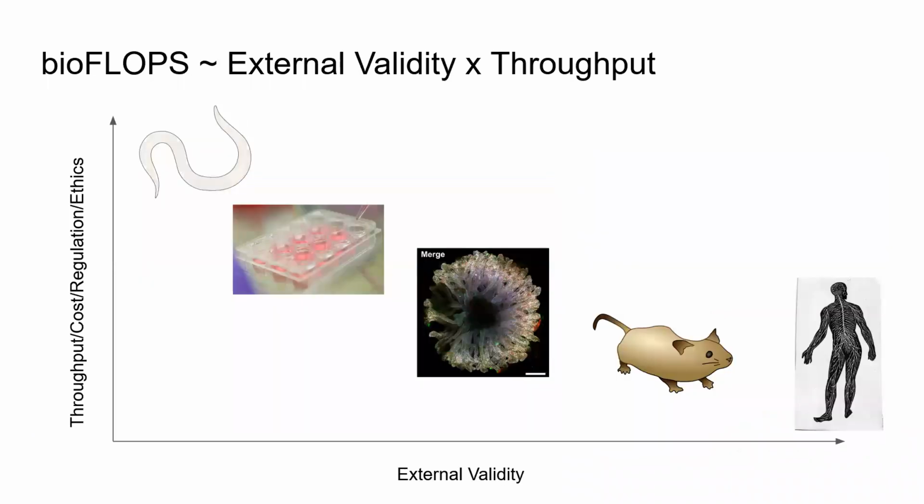And so you can model, I mean, this is a kind of a toy model, but you could say each model system we work with has a bioflop capacity, which is some product of its external validity onto humans, that is how well the findings from it port to humans, times the throughput, right?